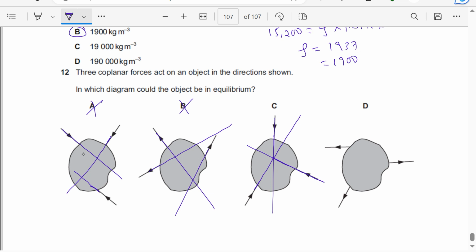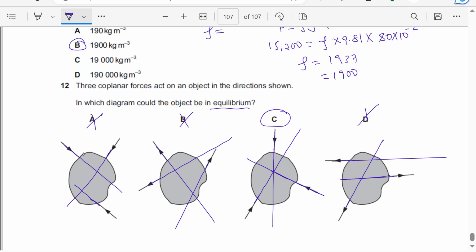That means it is easy to combine them head to tail and form a closed triangle of equilibrium. So the answer is automatically C. You can check the last one. Those cannot easily form a closed triangle, so this is also out. So the answer here is going to be C.